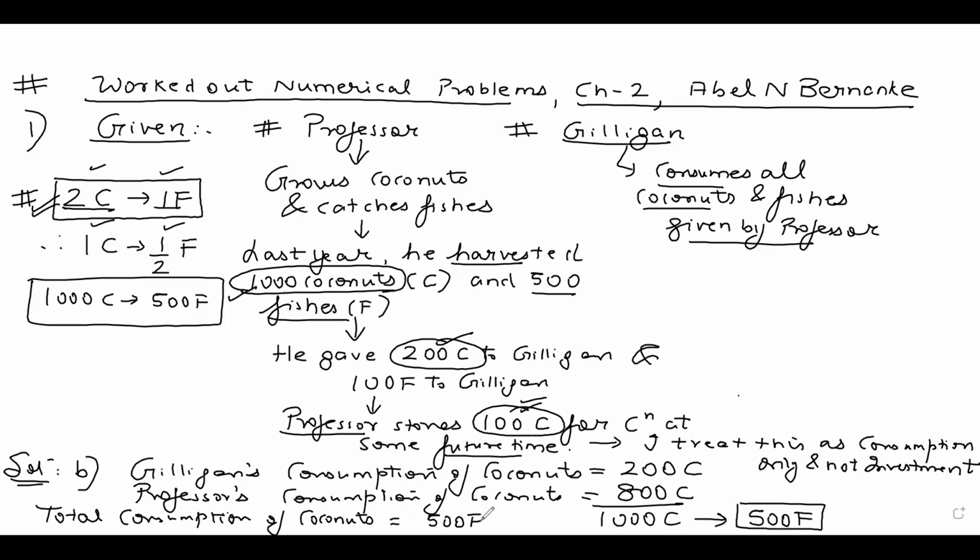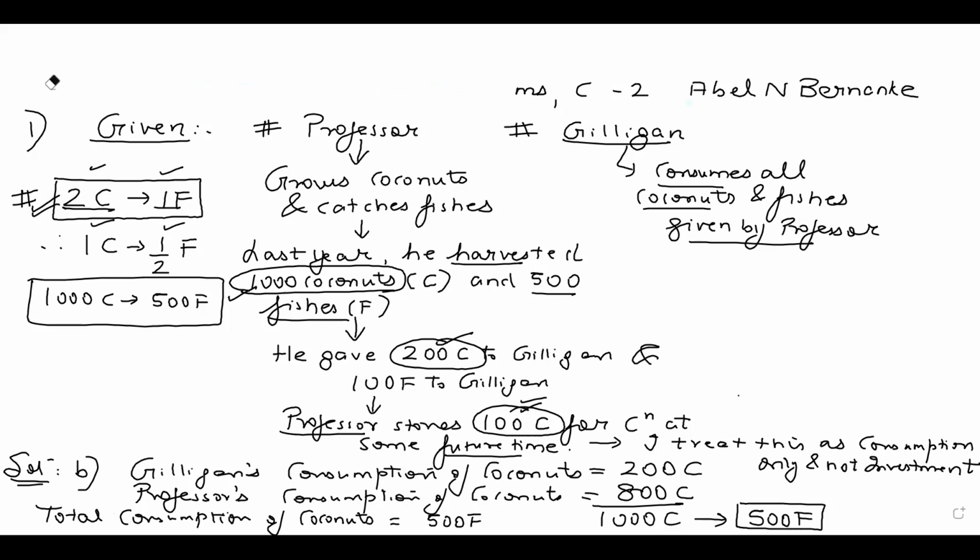Now let's find out the total consumption of fishes. We need to find that out also. So I am erasing the initial part, and on the top I can write the total consumption of fishes. So I can write Gilligan's consumption of fishes.